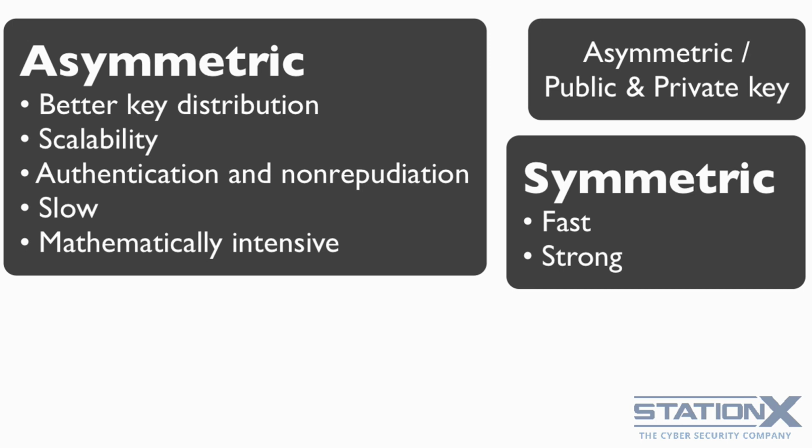If you use a symmetric key and want to send your zip file to Bob and say 10 other people, you need to give your password to 10 people. That's just not scalable at all. So asymmetric algorithms have better scalability than symmetric systems. Public and private key also provide authentication and non-repudiation, but the weaknesses are that, unfortunately, these encryption algorithms are actually very, very slow compared to symmetric systems.